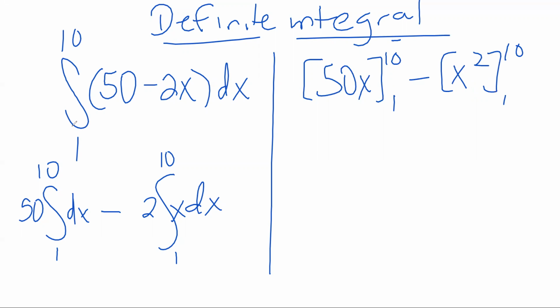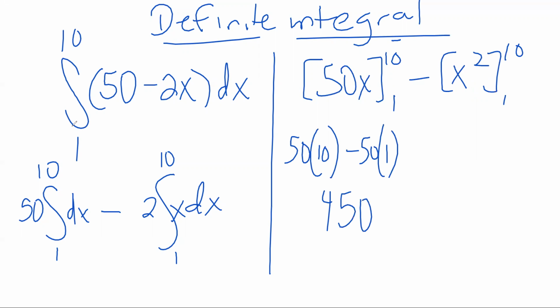And so what's going to happen is the 50x would become 50 times 10 minus 50 times 1. The answer to that would be 450. The other expression would be 10 squared minus 1 squared, which would become 100 minus 1, or 99.